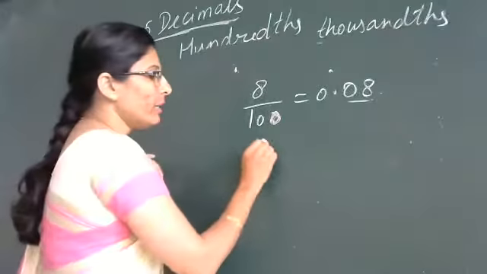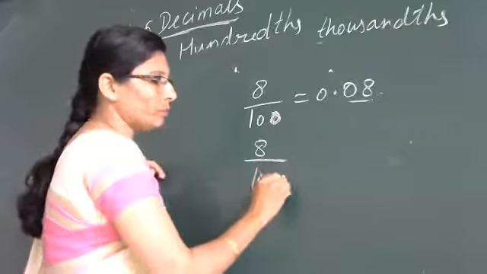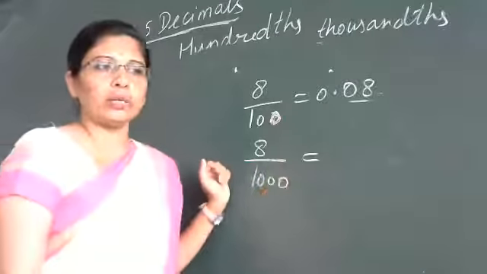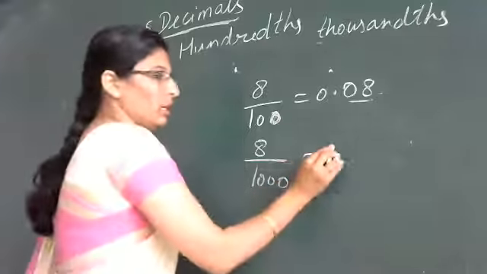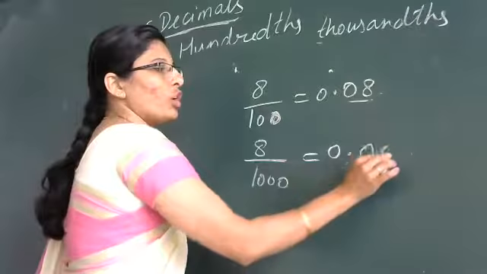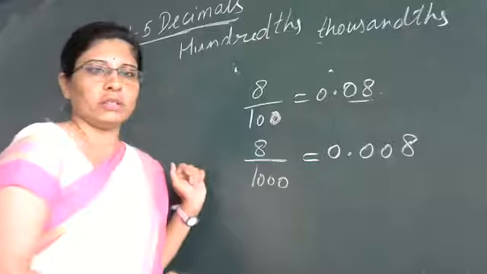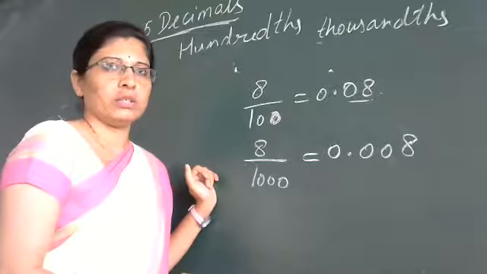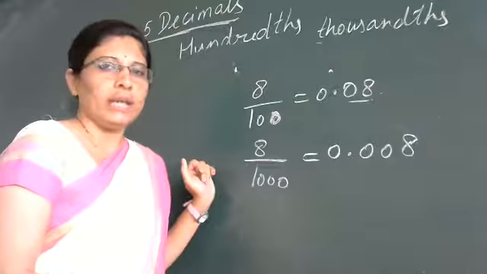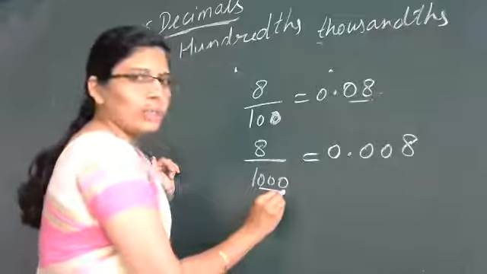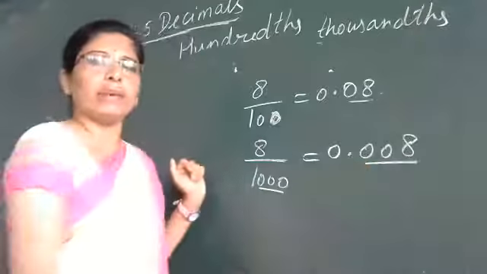Now for example, if it's 8 by 1,000. 8 by 1,000 means 0.008. Yes. 3 zeros means 3 digits should be there.